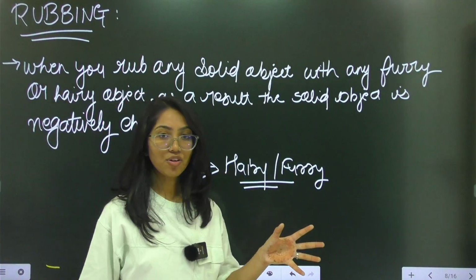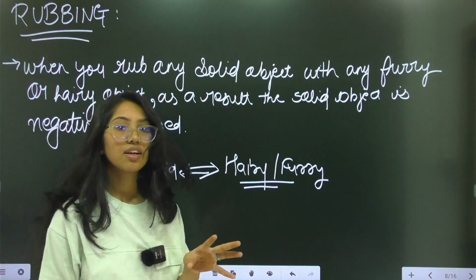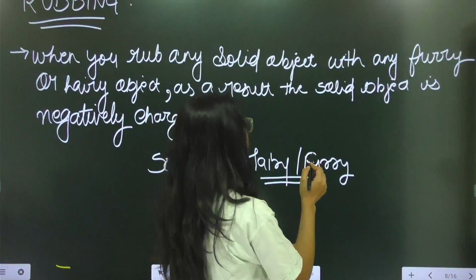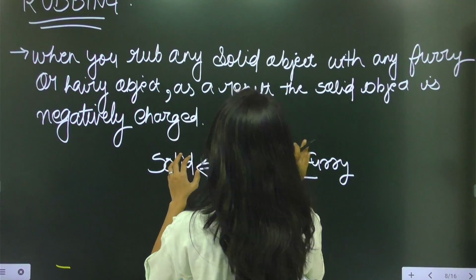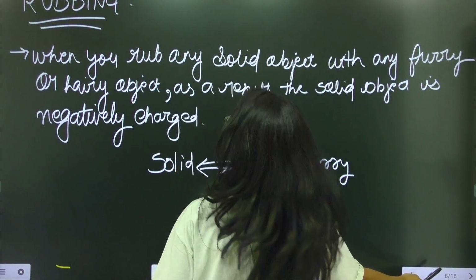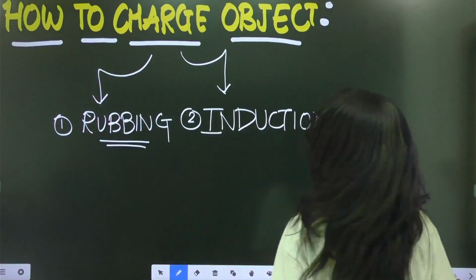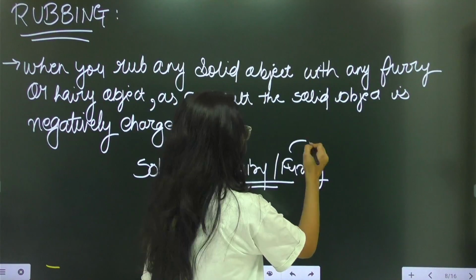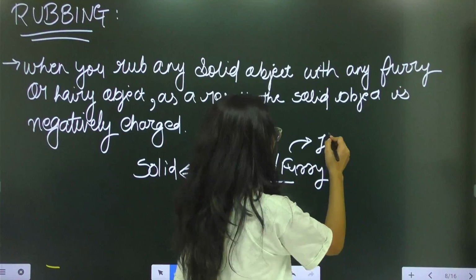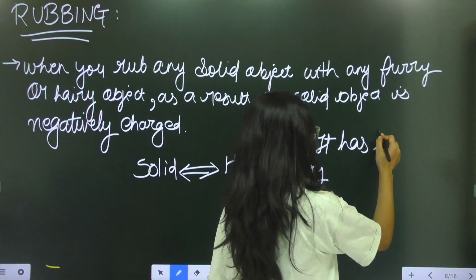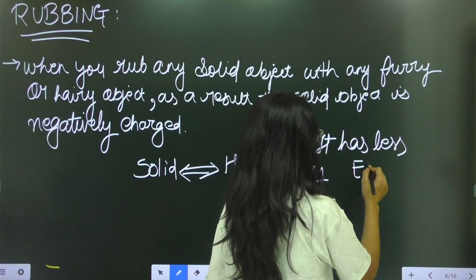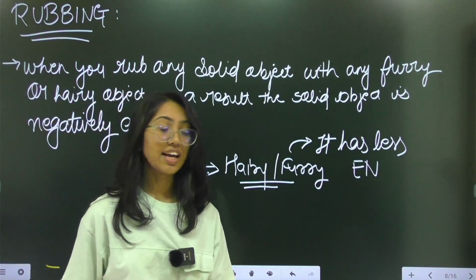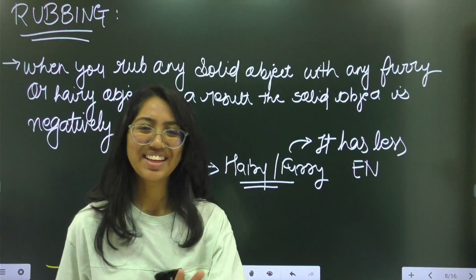The hair or the fur that is rubbed with has less electronegativity, and because of that electrons are lost.